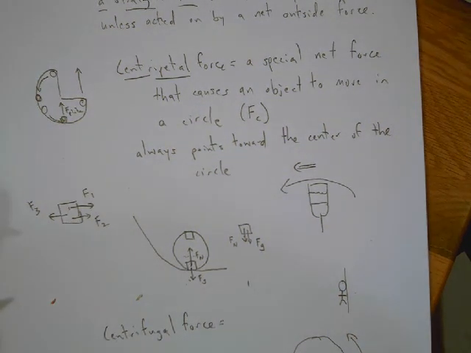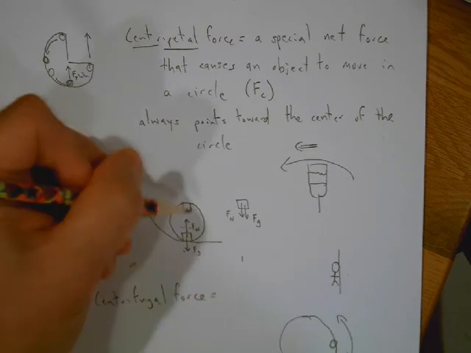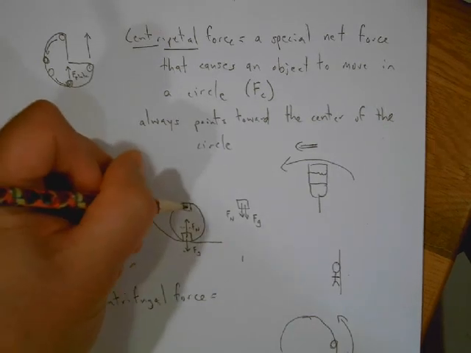Well, what's preventing it from moving that way? The bucket. So the reason the water stays in the bucket is because the water is trying to move in a straight line, and the bucket is getting in the way. The bucket is forcing it to move in a circle.